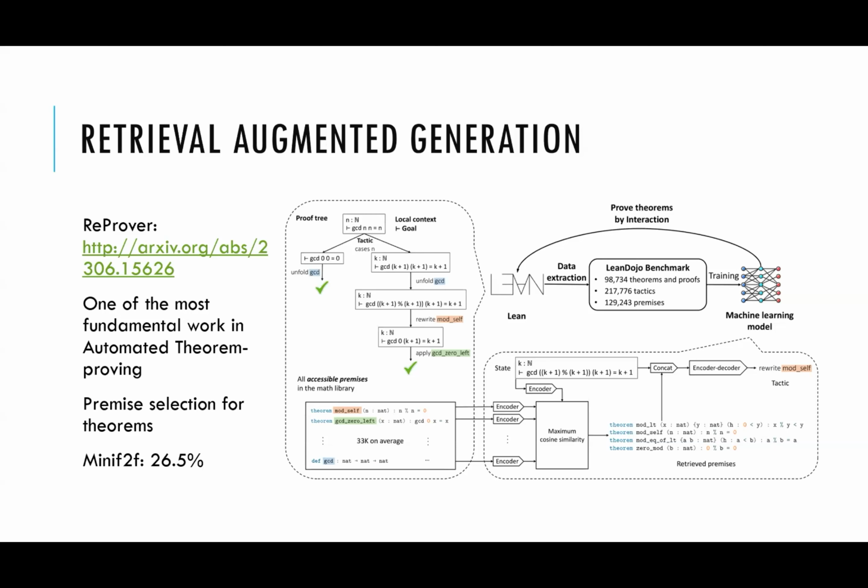Every time you want to generate a tactic, it will search in its own theorem database for the most related theorems and lemmas, just like you would do in your proof. You want to search in Mathlib for a related theorem to use. So in this framework, the model does this automatically.